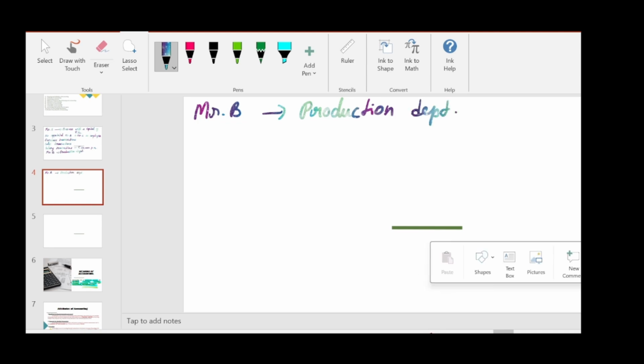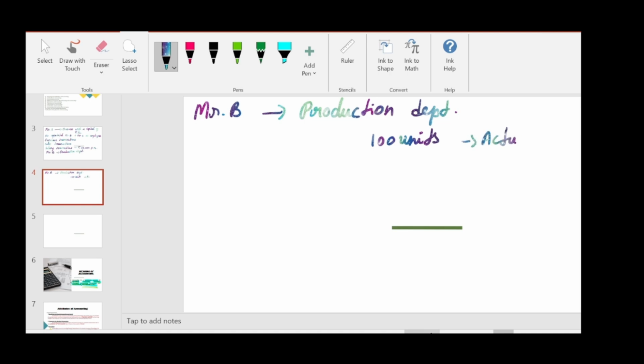To produce 100 units, the actual time is, let's say, 5 hours.